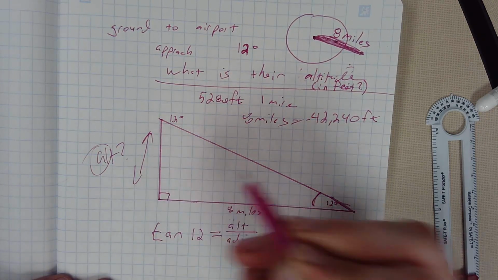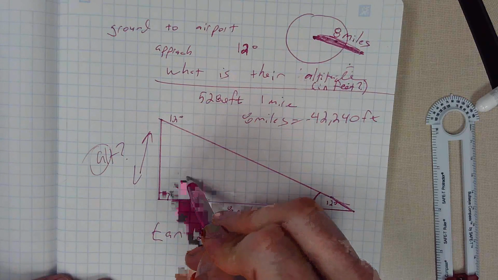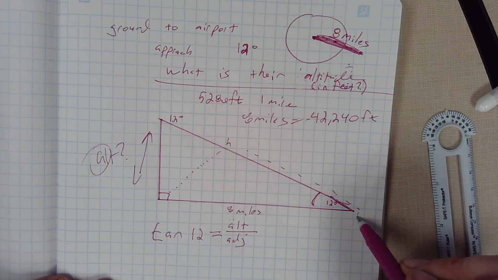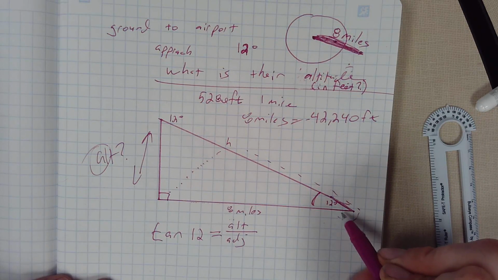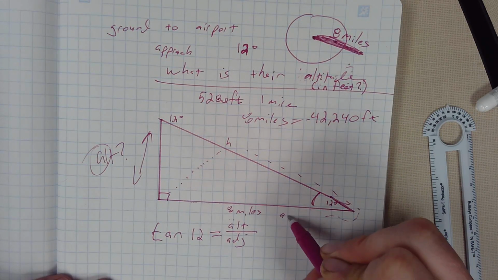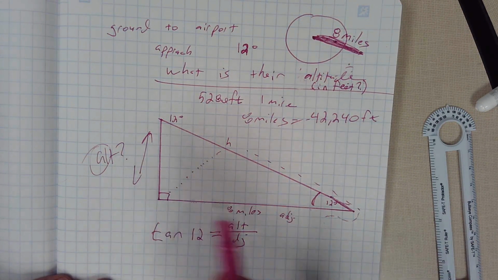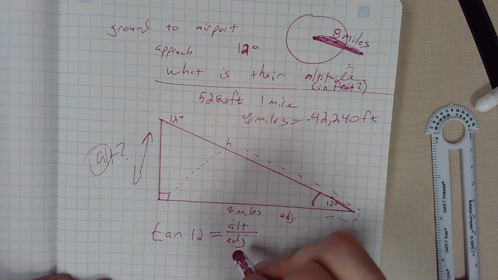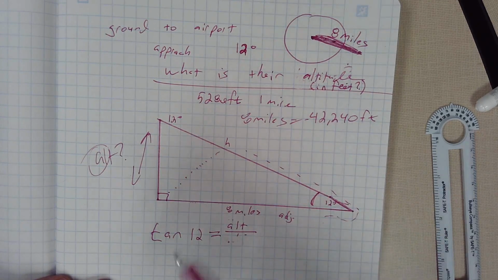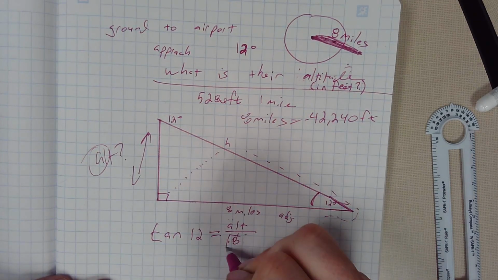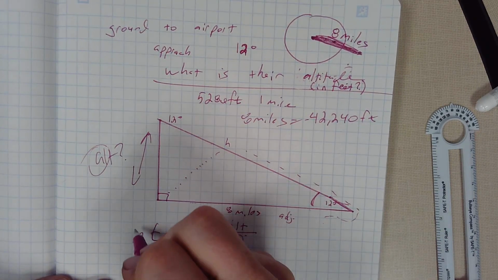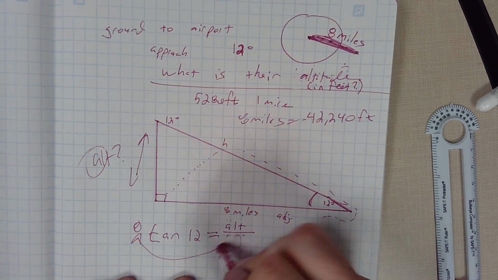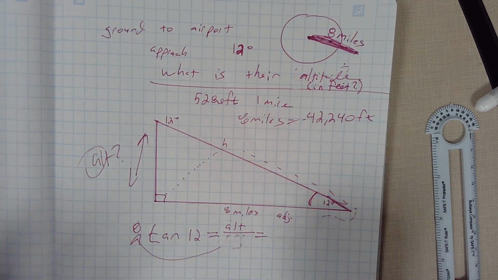How do I know that's adjacent? Well, that's the hypotenuse. I go to my angle of concern, go around it, I find myself at adjacent, and the other one's opposite. So my adjacent is 8, so this gets moved over to here. So 8 times tangent of 12 equals that, right?